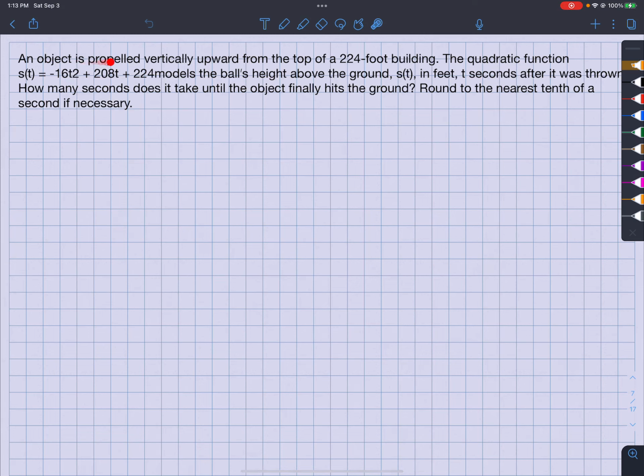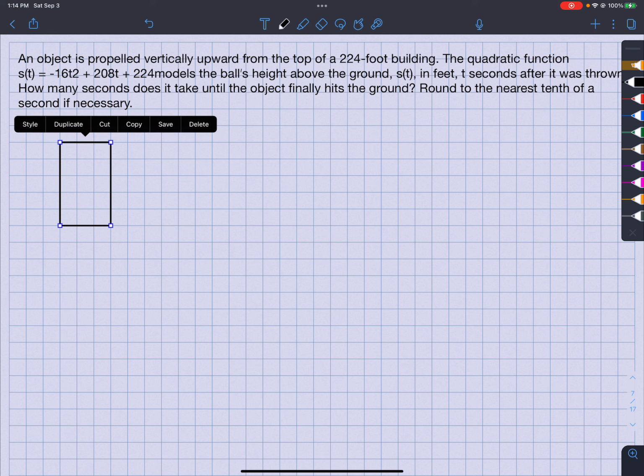So an object is propelled vertically upward from the top of a 224-foot building. Draw a 224-foot building. There it is. Actually, let's just do it this way, right?